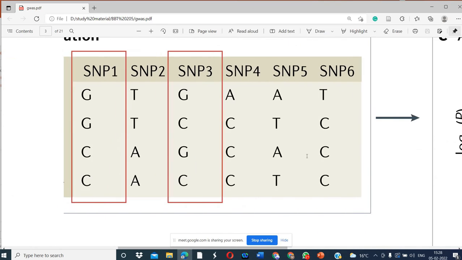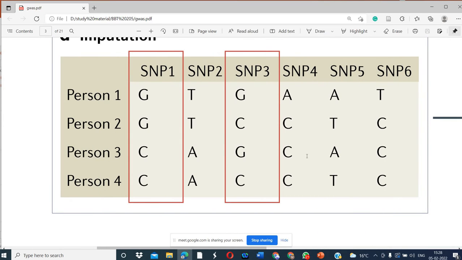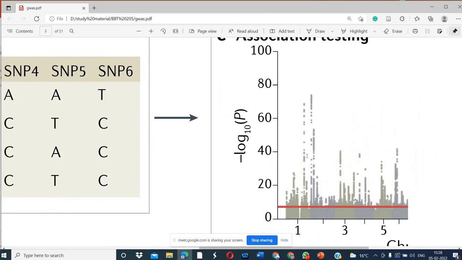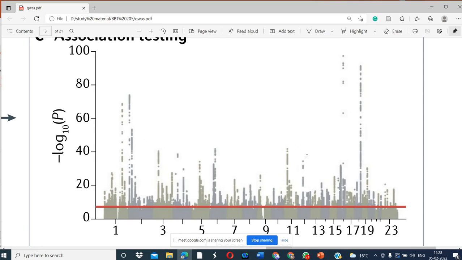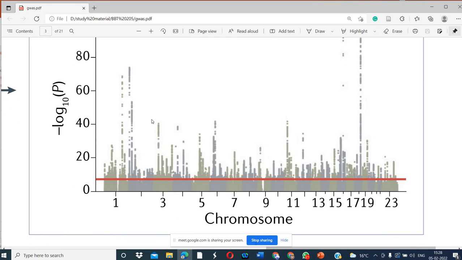Different SNPs will be associated with different genotypes and phenotypes. On the basis of person groupings and their data, you can compare using the variable data. What is the association?